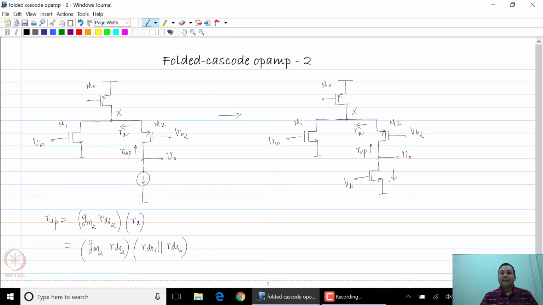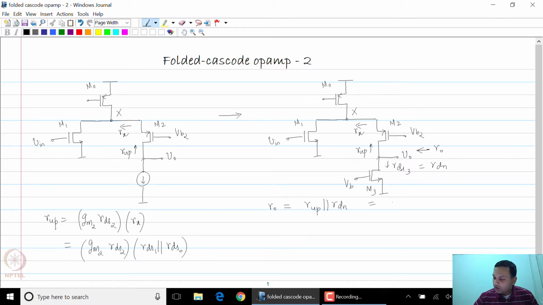Clearly this NMOS transistor will now have some resistance; let me call this M3. It will have some resistance rds3, and therefore R down will be equal to rds3, and the total resistance at the output, which is the output resistance Ro, is R up parallel R down.